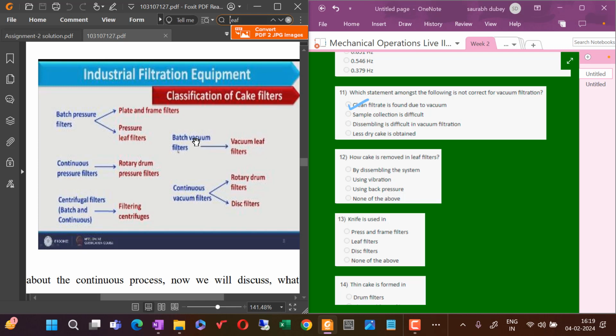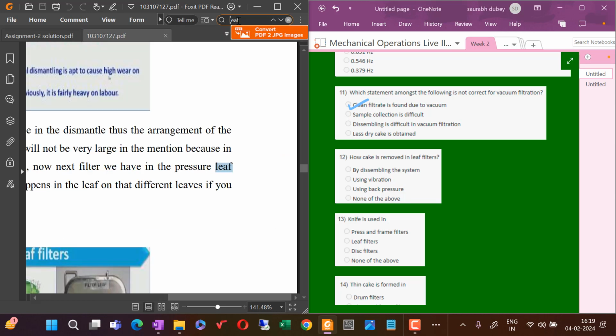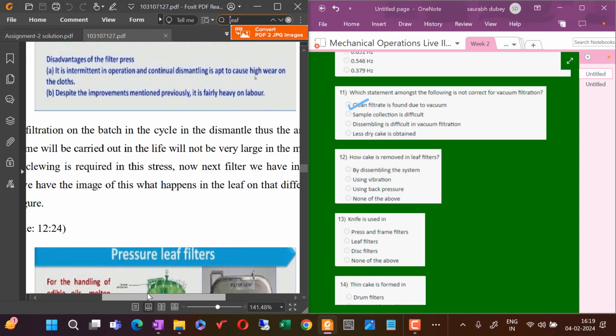And again, the two vacuum filters: in batch, the vacuum leaf filter, and in continuous, the disc filter and the rotary drum filter. So this entire filtration cycle was covered.